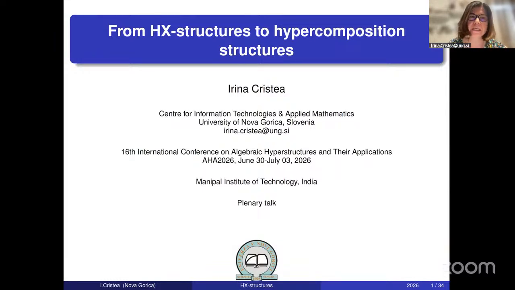For today, I chose one topic. It's not a new one, about HX structures. These are classical structures, so we don't have a hypercomposition on them. But they were studied for several years, also by Professor Corsini, in order to connect them with hypercompositional structures.